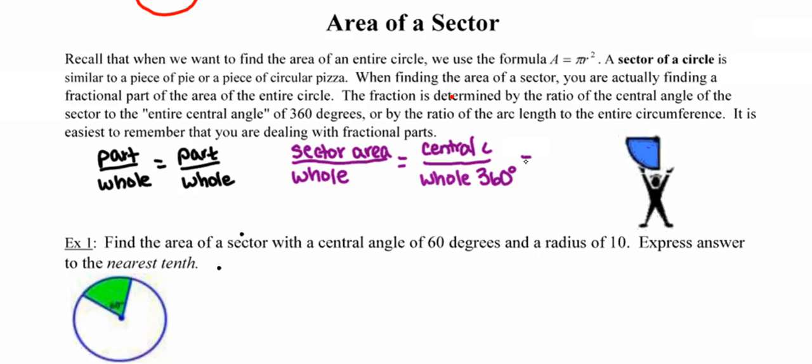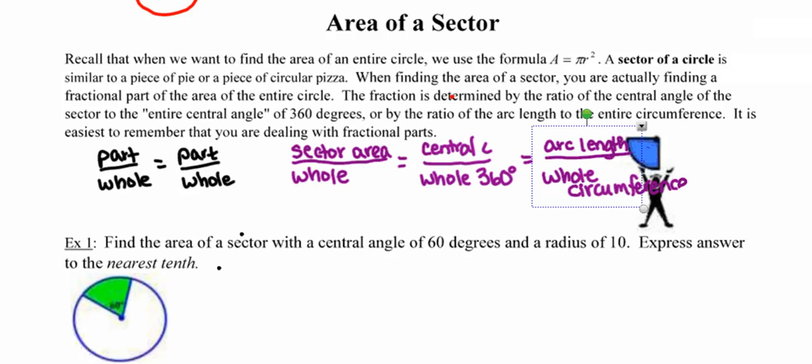Or the other ratio that we might consider is arc length, which represents part of the circumference over the whole circumference. So again, we're just going to use any two of those three ratios and set them equal to each other and solve using a proportion. Which two will be determined by the information that we're given in the problem.